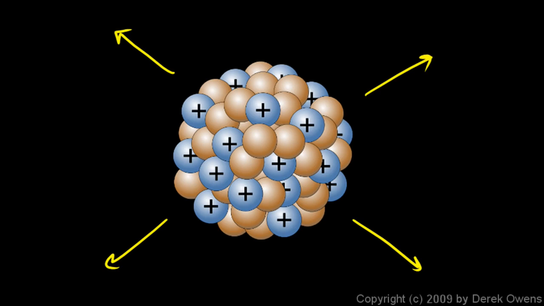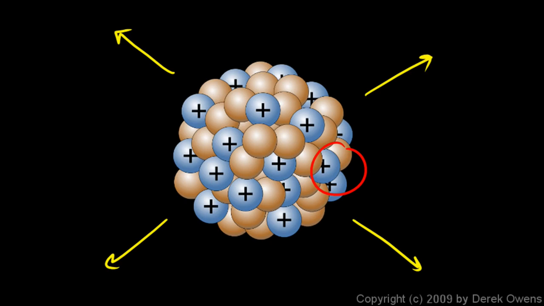Some of these particles can pop off. When that happens, we call that radioactive decay, and radiation is emitted and the element changes. If some of these protons leave, the atom has a different atomic number and it changes from one element to another. This process is radioactive decay.